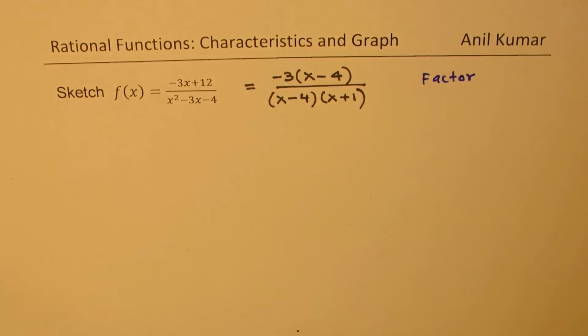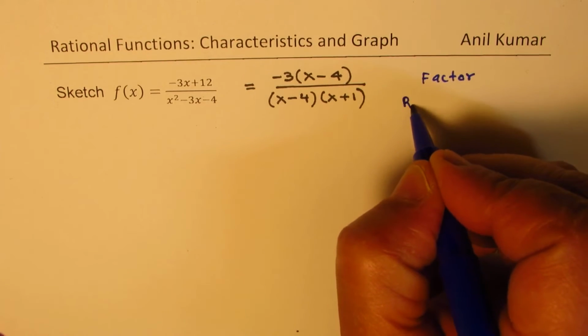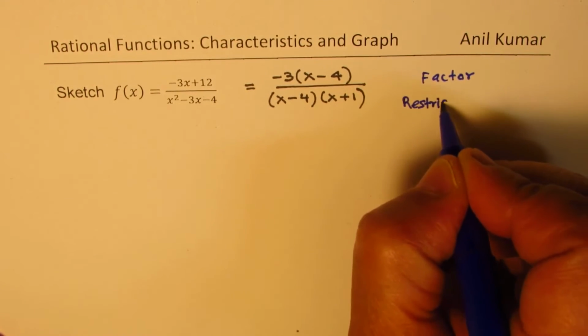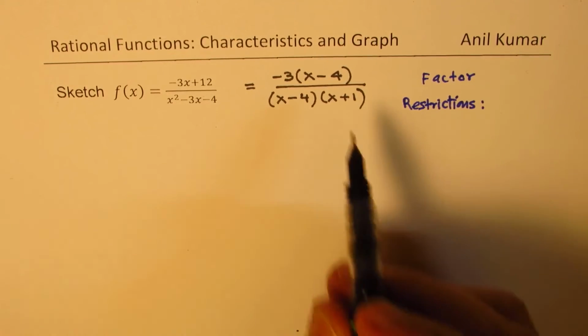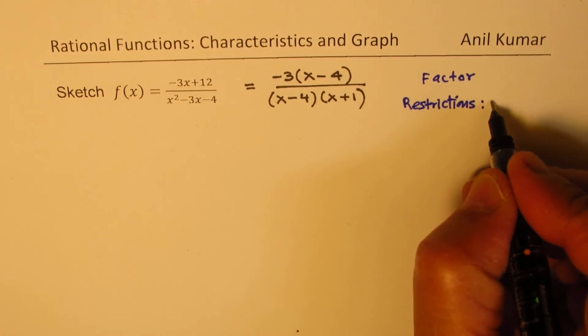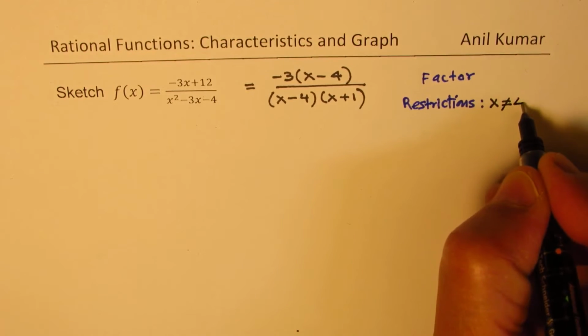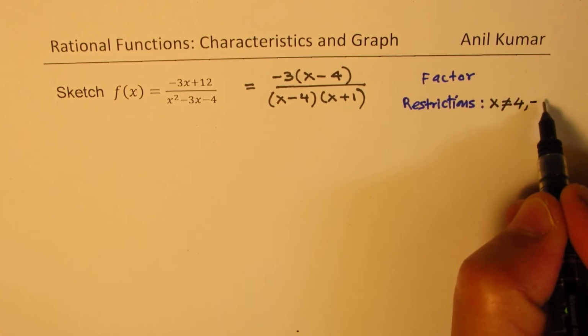Now once you factor, it is very easy to see where the vertical asymptotes are and what the other restrictions are. So immediately from here, we can write down the restrictions. Clearly, the denominator cannot be 0, so x is not equal to 4 and also not minus 1.